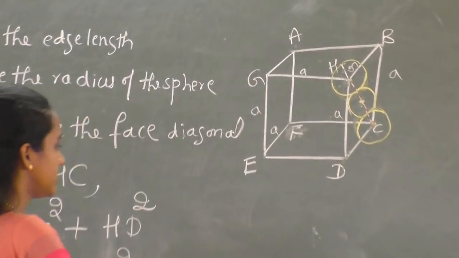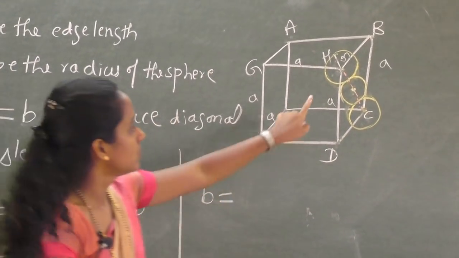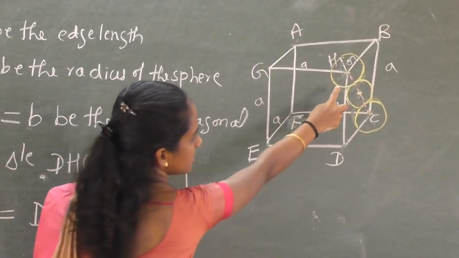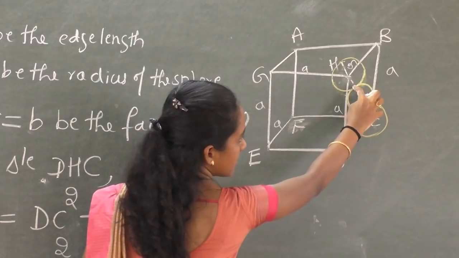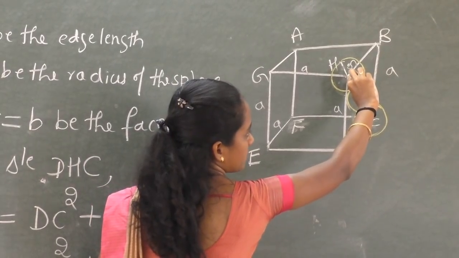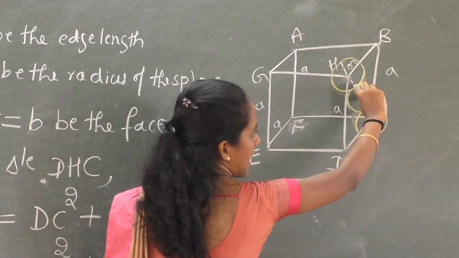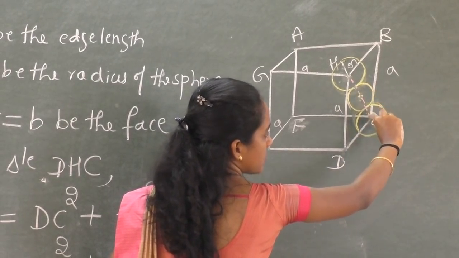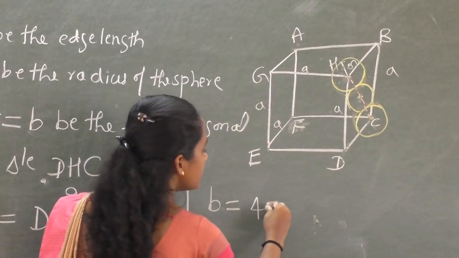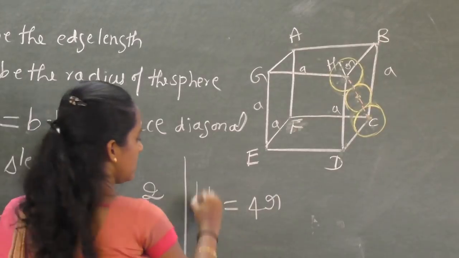Also we can write b: from here to here it is R, the radius of one sphere, again one more R, 2R, 3R, so up to C it is 4 times R. So b is equal to 4R, equation 2.